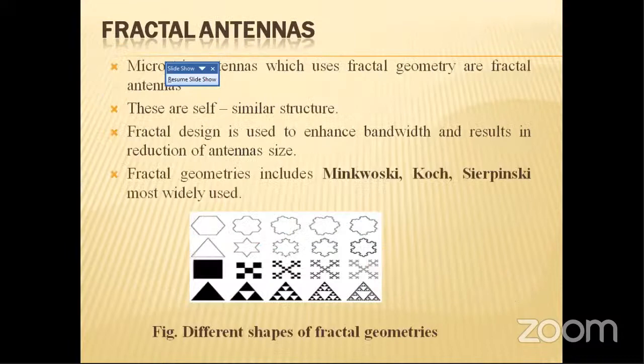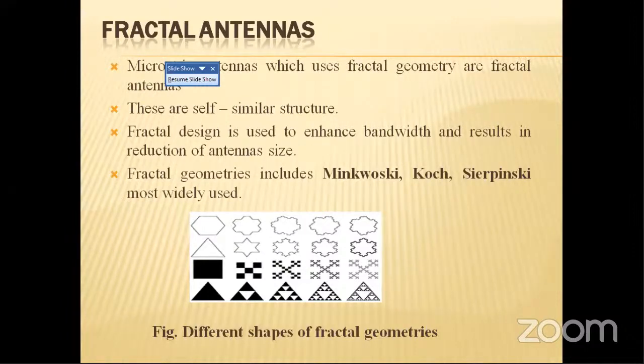Another antenna is our fractal antennas. What is fractal antenna? In mathematics, we use fractal geometries. That is why the name has been given to this antenna as fractal antennas. Fractal geometries are self-similar structures. Fractal design is used to enhance the bandwidth, which results in reduction of size of antenna.